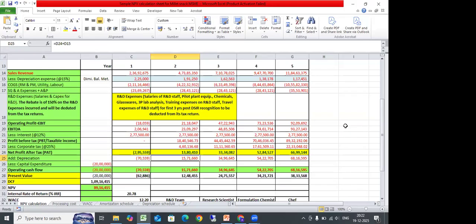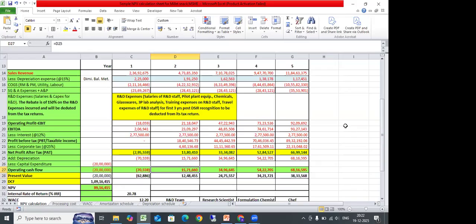Why should depreciation be added back to the PAT? Because depreciation is a book value. It is not cash going out, not cash you are paying someone. It is just a book value, so we add that back.